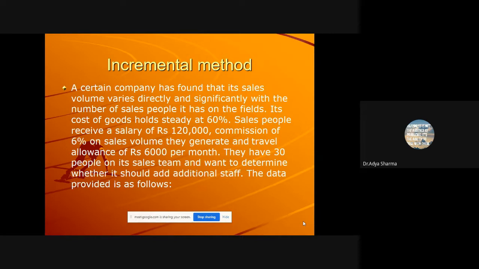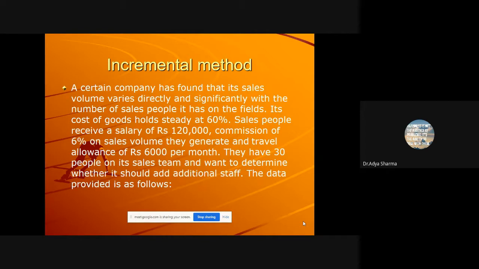Why? Because every organization needs a profit. So if I've confused you, great, fantastic. Let me explain this with an example. Here is a company, and this company says that our cost of goods is 60% of the sales volume.